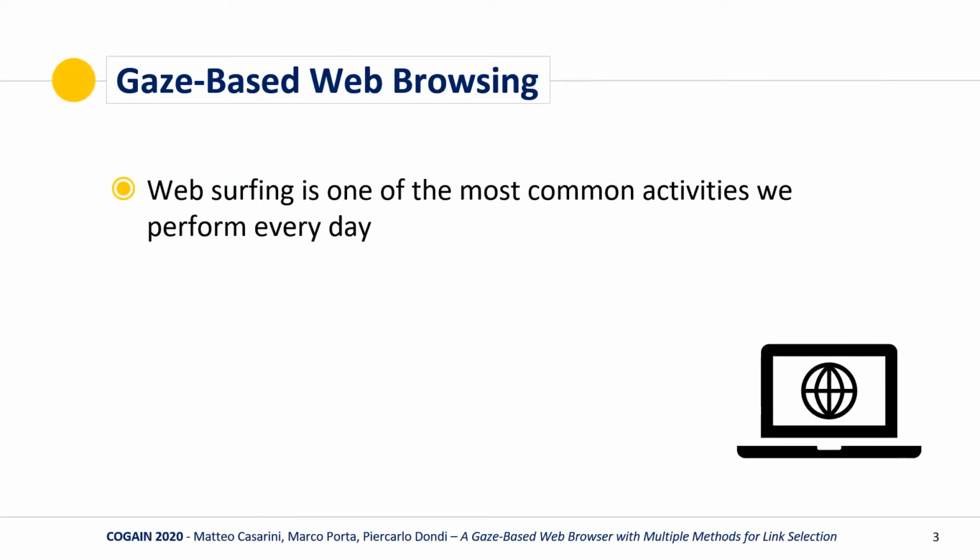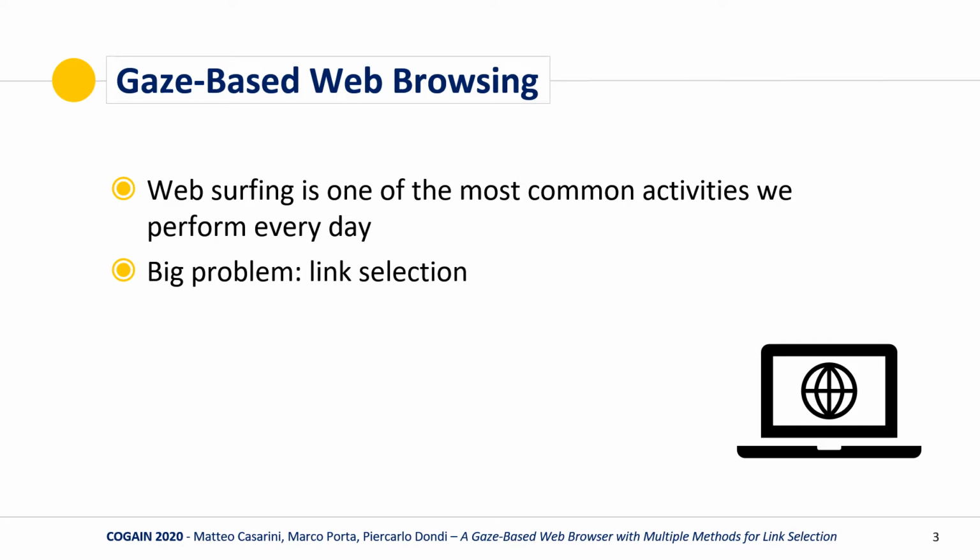Web browsing is undoubtedly one of the most common activities that we perform every day for different purposes, and it is very important that everybody can easily access online content, so overcoming physical limitations. In eye-controlled web browsing, link selection is one of the most critical problems, and pointing the right link may be a challenging task, especially when links are small and are located close to each other.